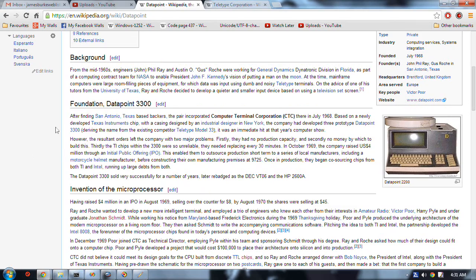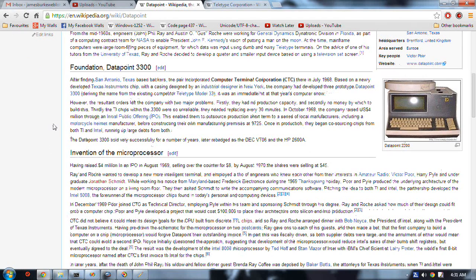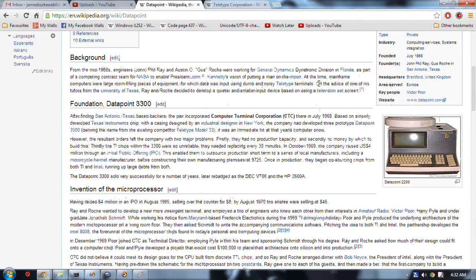Let's see, what year is this? Well, it's before that. I'm not sure how they would have converted their thing to punch cards, but on the advice of one of his tutors from UT, they decided to develop a quieter and smaller input device, just for input, using a television set screen.